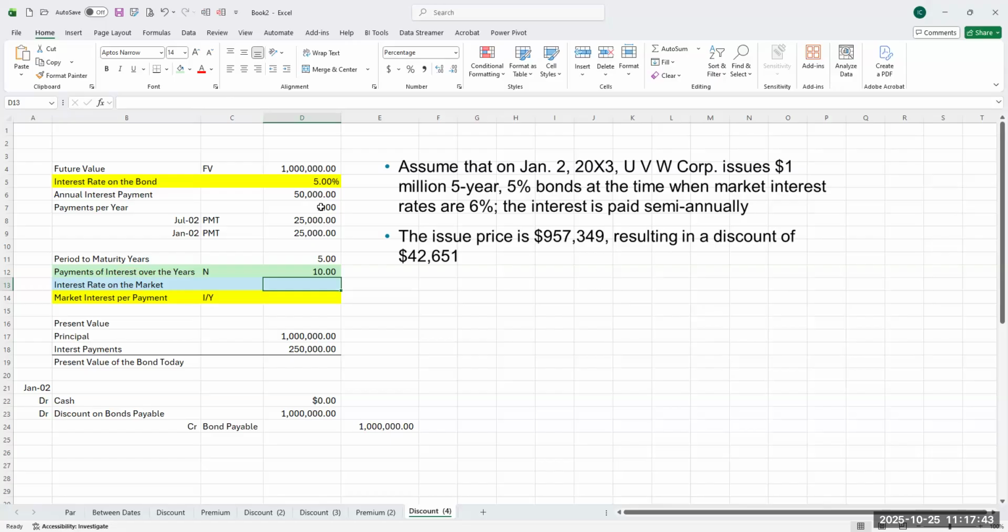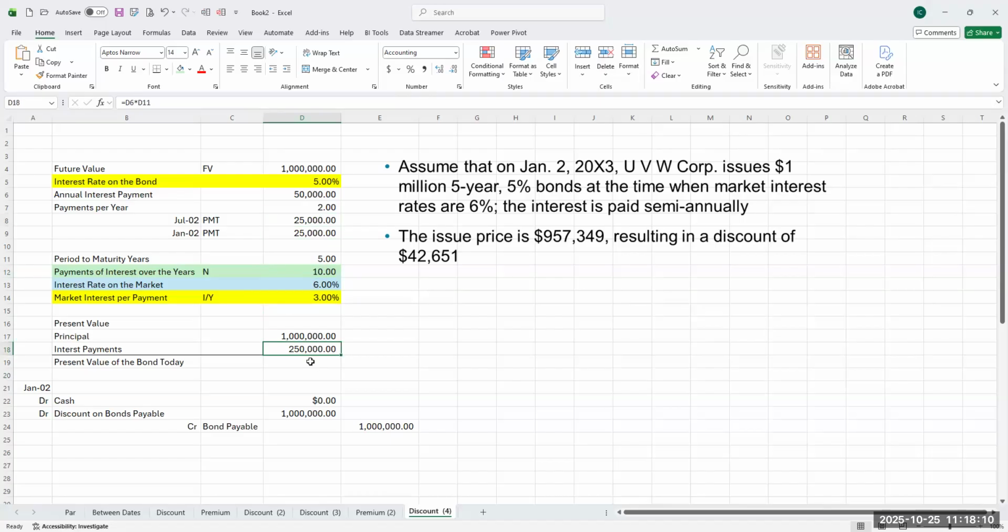Market interest rate, as you can see, is 6% annual, which is transferred to 6 divided by 2, the interest rate per payment. Now what we have to do is find out the present value of the principal of $1 million plus the interest payments, that will be 10 interest payments of $25,000.